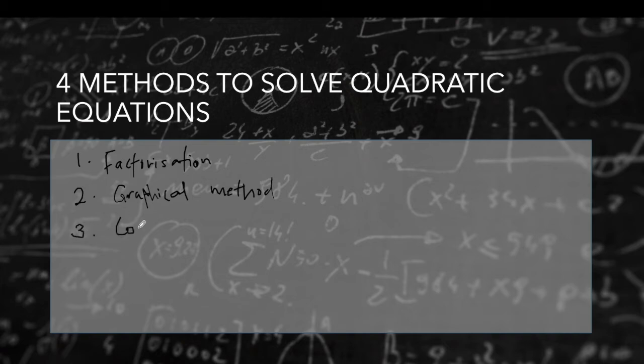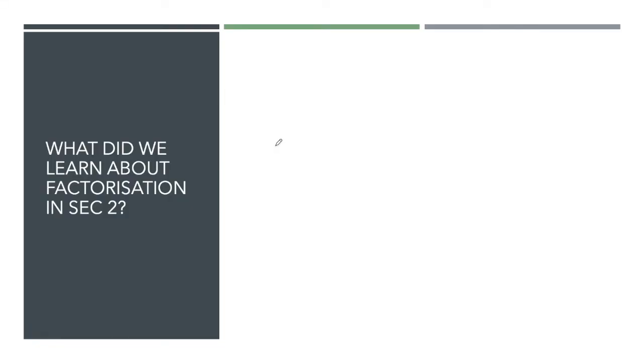You are going to learn the complete the square method. And lastly, the quadratic formula. So these are the 4 methods that you will learn to solve a quadratic equation. Today we're going to focus on factorization.